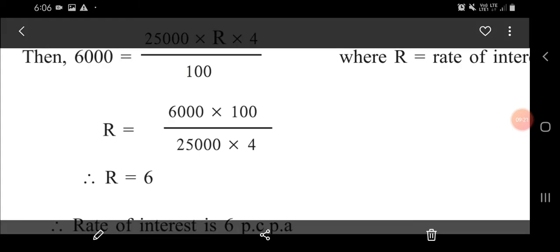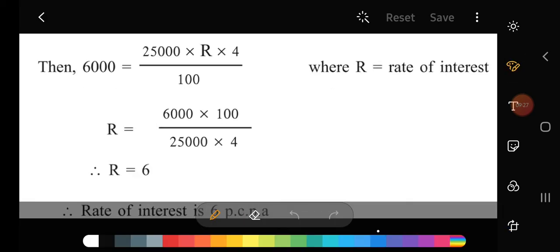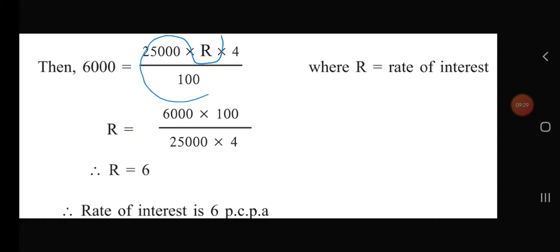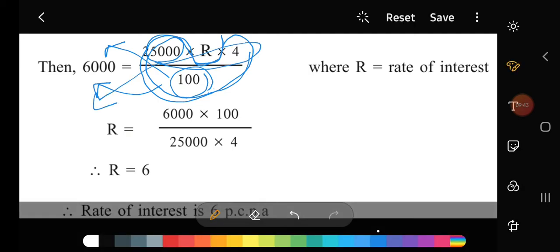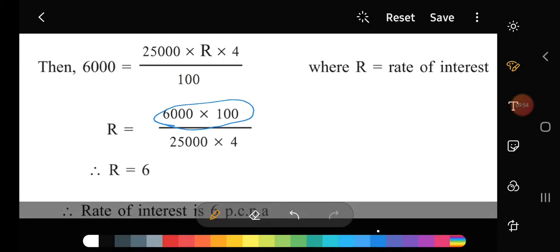As we want to find R, we will keep R on one side and shift all remaining things to the other side. So 100 is in the denominator, it will go to the numerator, and 25,000 and 4 will go to the denominator. So it will become 6,000 into 100 in the numerator, and 25,000 into 4 in the denominator.